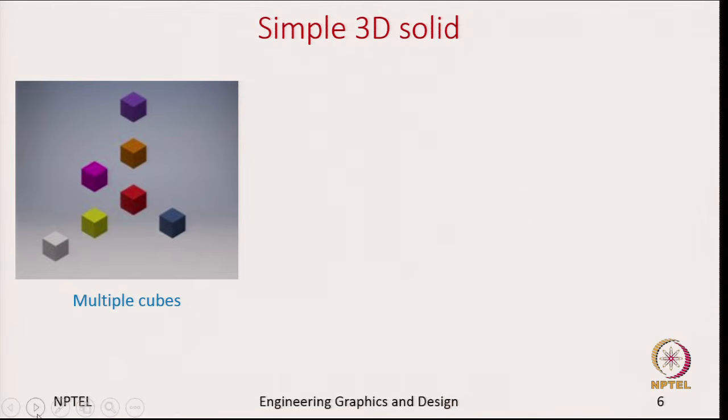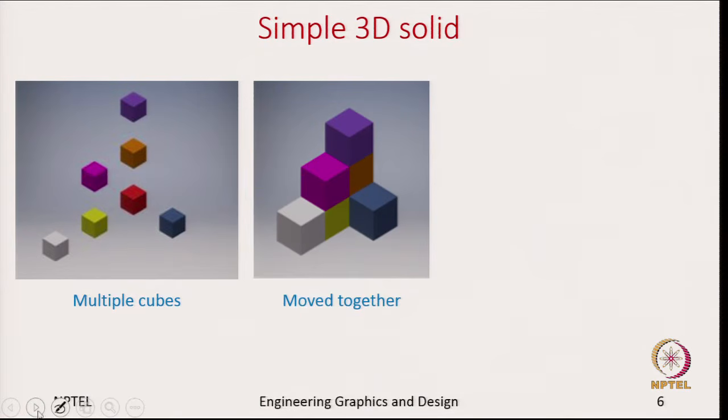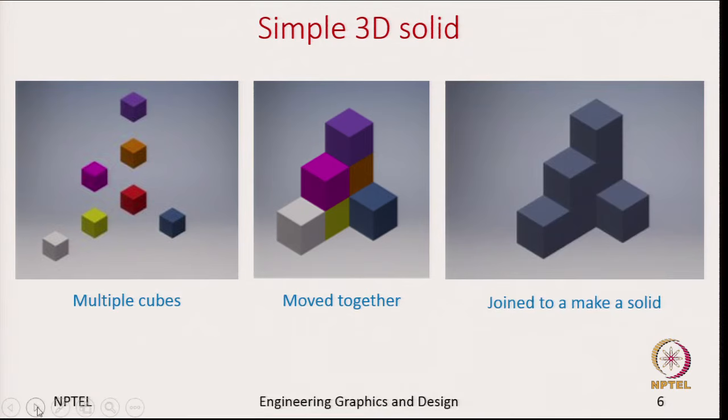Let us say we have multiple cubes and we join them together to make a single solid. This is mostly like the building blocks kids play. So, here what we have done is we have shown multiple cubes. When we move them together, it forms a single solid.